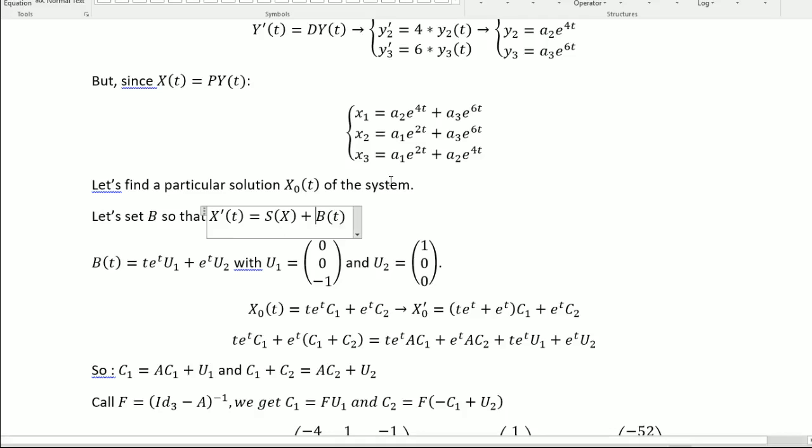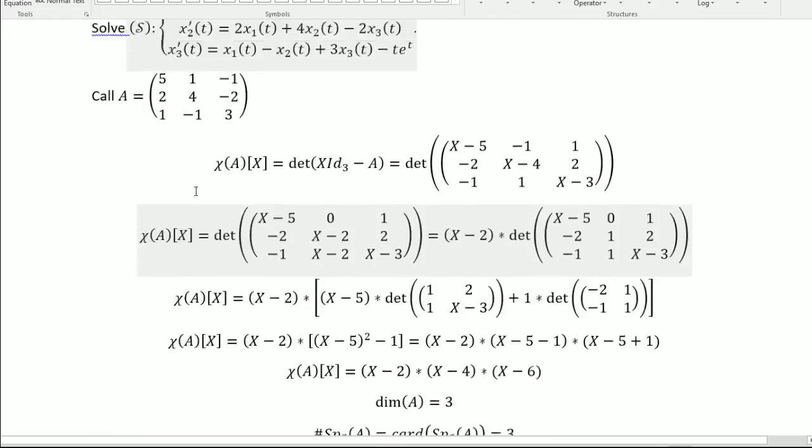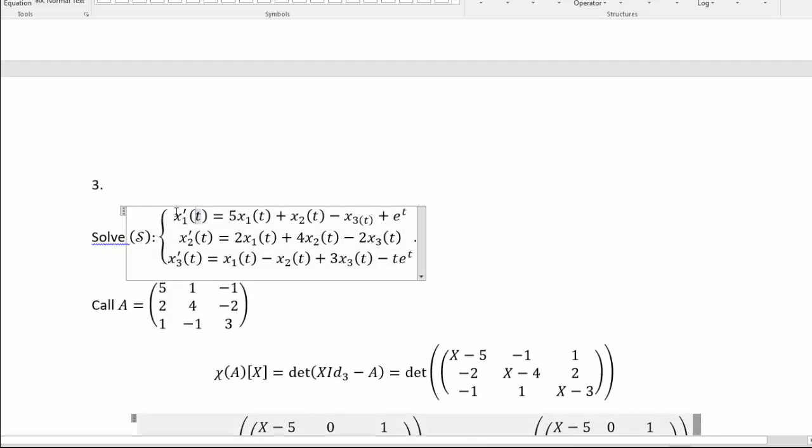Yes, it's x. Okay, so I transform this. So we have x1, x2, x3, x prime is equal to x1 prime, x2 prime, x3 prime, that is equal to some linear span of this, plus another part that is actually this and this.